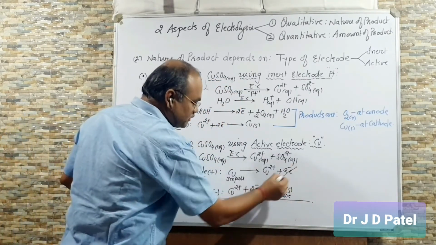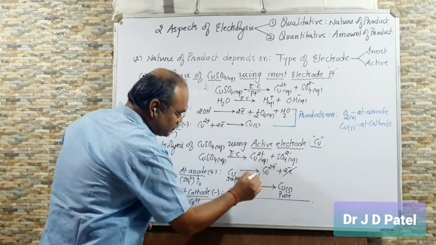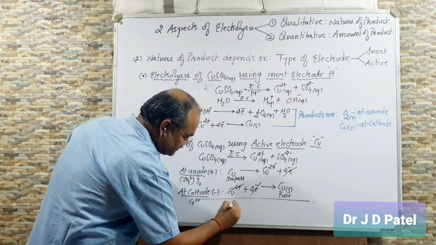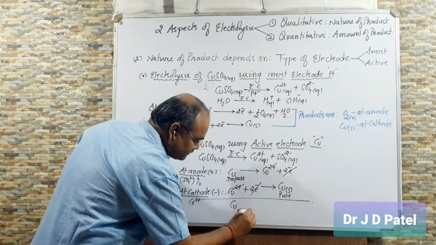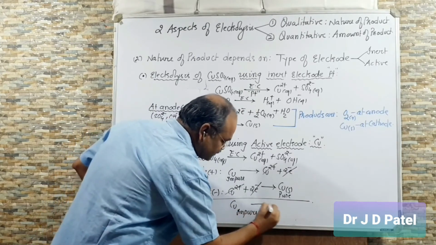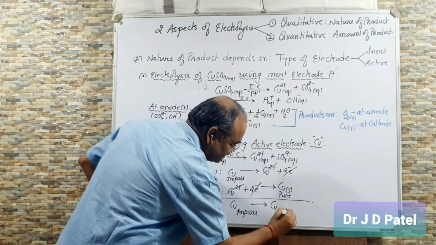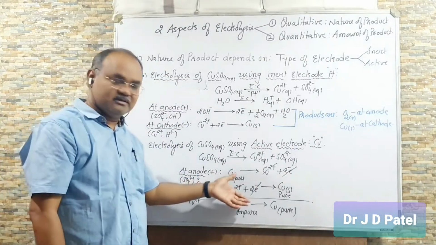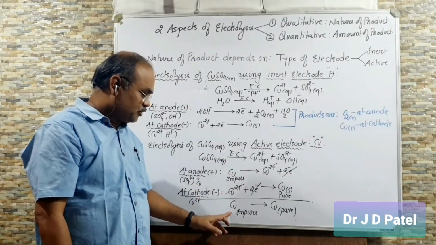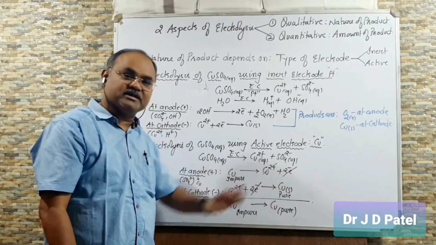The net reaction is, 2 electrons cancel, Cu2+ cancel. Copper impure gives copper pure. And this you have studied in 9, 10, 11. That impure copper is taken as anode, pure copper is taken as cathode.